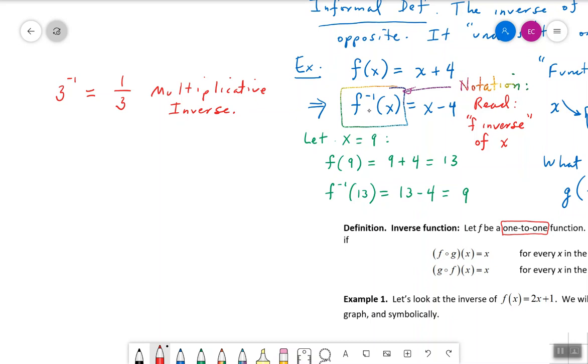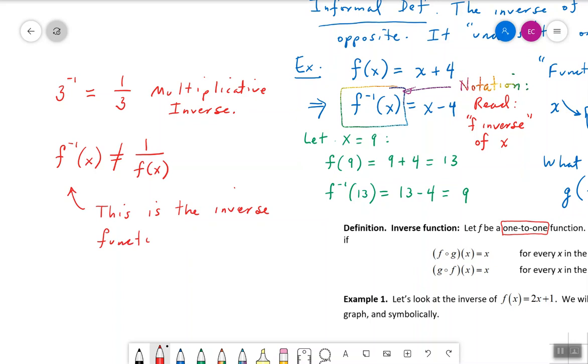This new function that we're talking about today is not the multiplicative inverse, it's the inverse function. So let's write F inverse of X is not equal to 1 over F of X. This is the inverse function, not the multiplicative inverse.